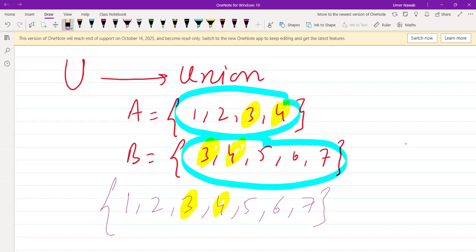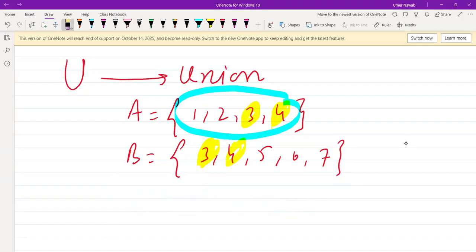Now, if I want to show the union on the Venn diagram, I can simply draw two circles, A and B. I will write the common elements here, 3 and 4. 1 and 2 are only in A. 5, 6, 7 are only in B. This is the way we can show the sets diagrammatically, and that diagram is called a Venn diagram.